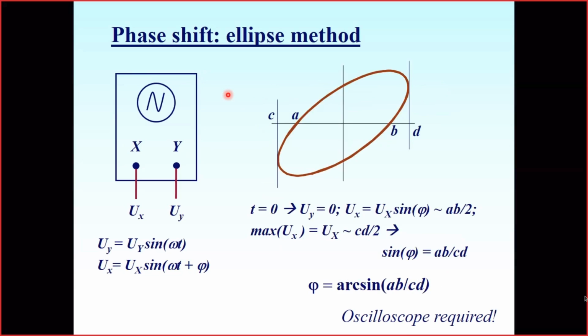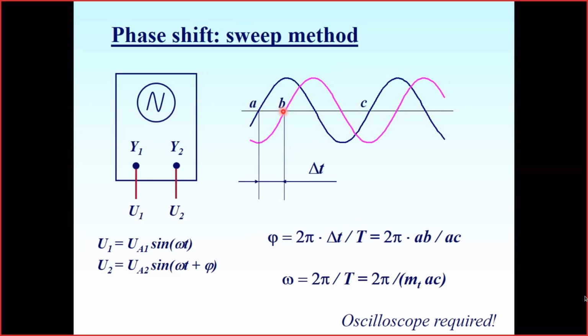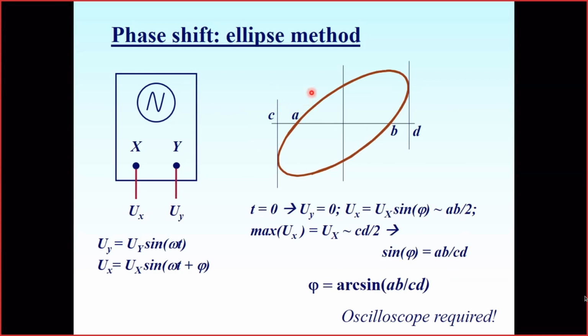For the harmonic signal, we may use the ellipse method. If our signals are indeed only sinusoidal or cosinusoidal, so harmonic, we may use an ellipse method, with which we do not even have to think about these shifts. We just depict such an ellipse. For the ellipse method, we use both signals whose phase shift we are going to measure, controlling both channels.